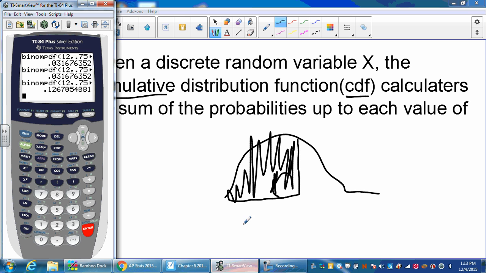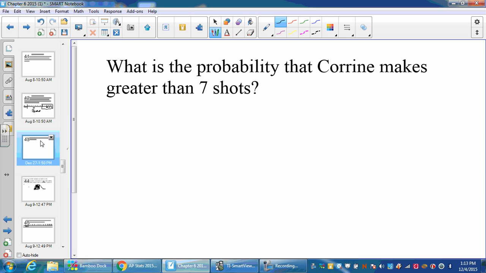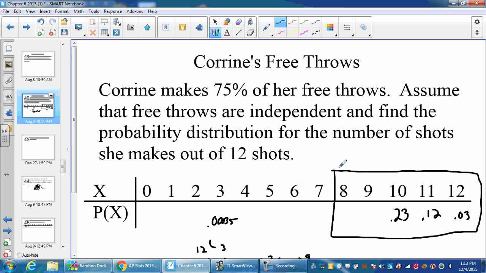So if I do CDF, I do second vars, and I'm going to go to binomial CDF and hit enter. Now, this problem says greater than 7 shots. Greater than 7 shots would be 8 or above.